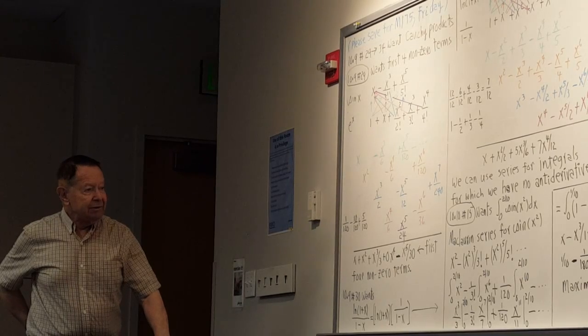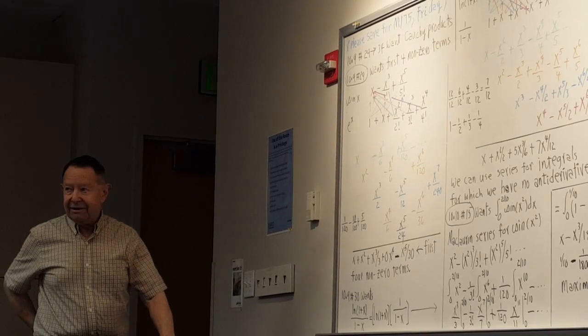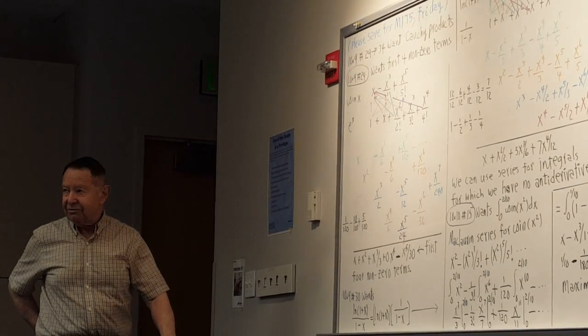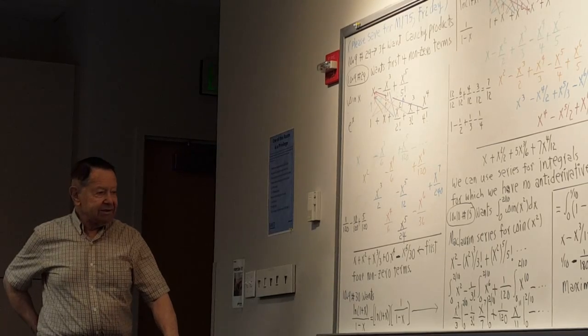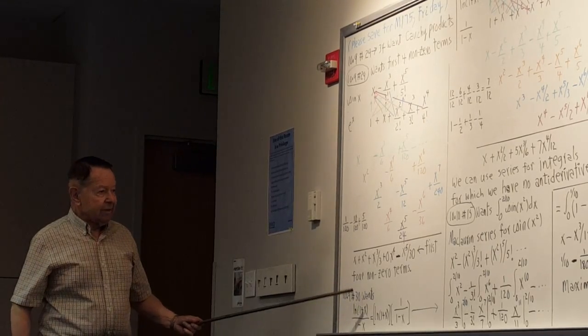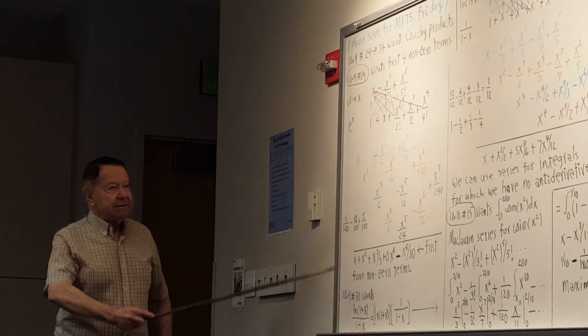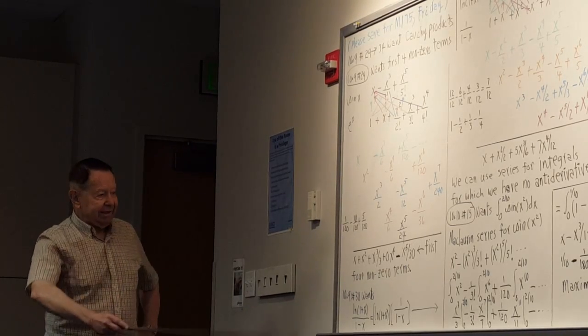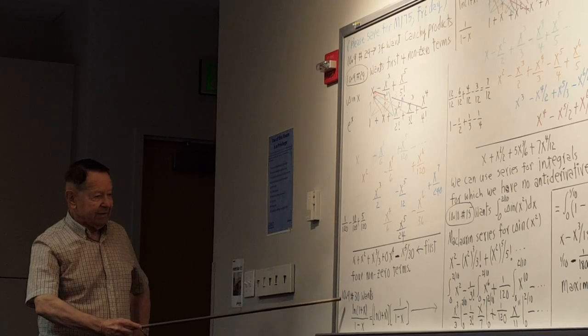So you can do Cauchy product like this, and you can also do quotients in somewhat the same way. I have a quotient down on that end, and we'll see that in a minute.